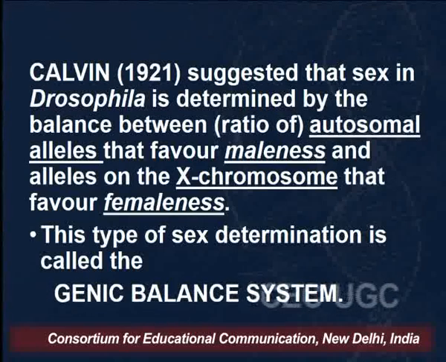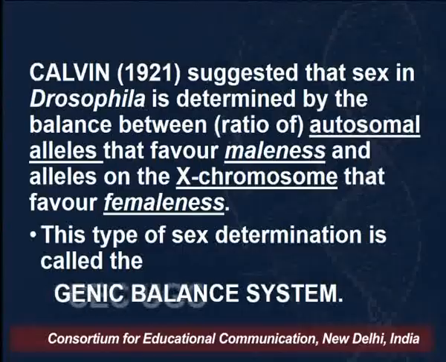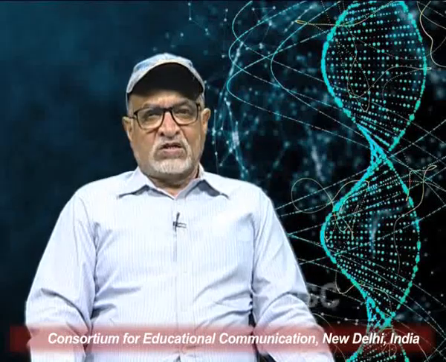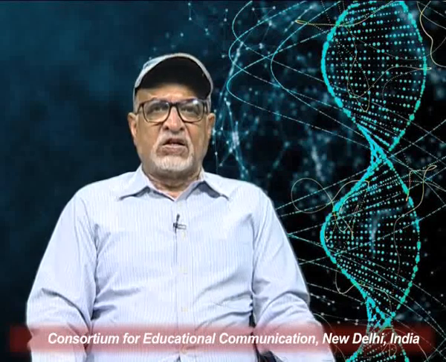Calvin didn't talk anything about why, because he said it was a balance between the autosomes and the X chromosomes. So this type of sex determination is called the genic balance system or the gene balance theory.